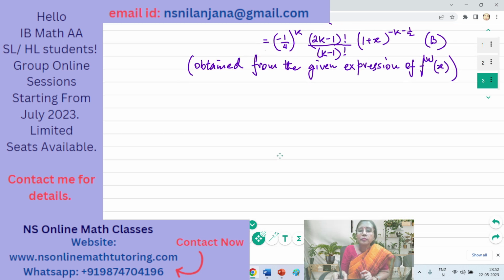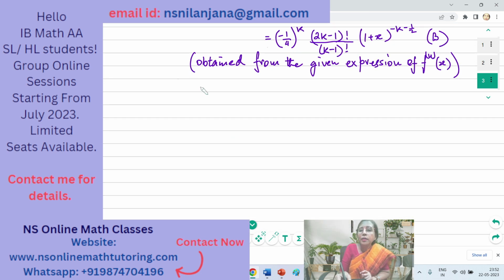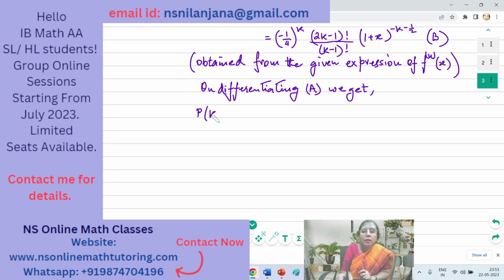So, on differentiating, we get P of k plus 1 equal to the k plus 1th derivative of f of x.